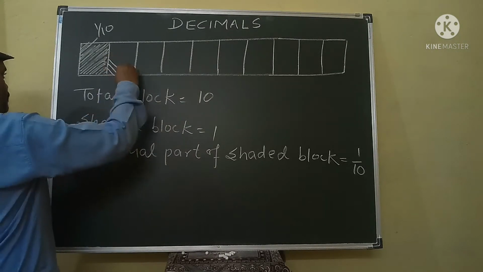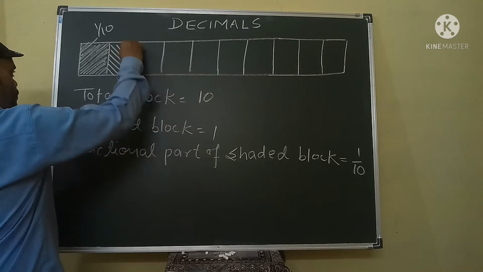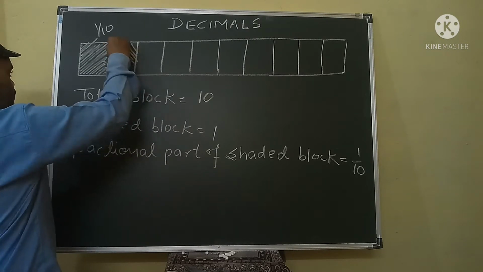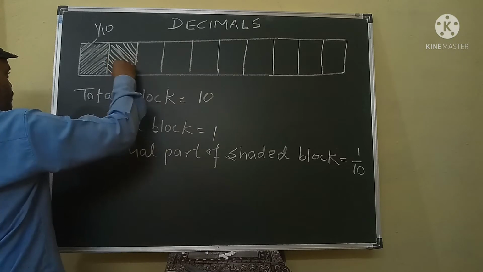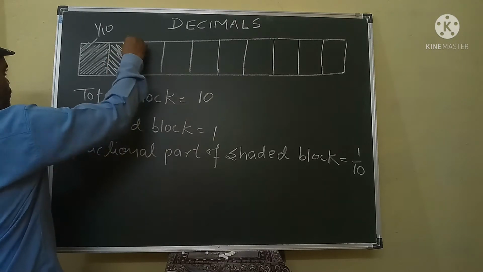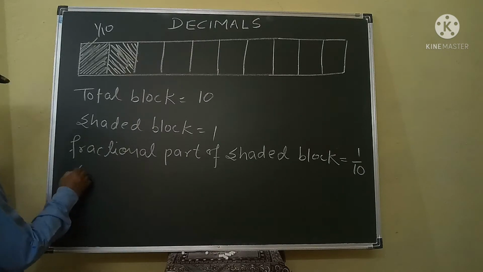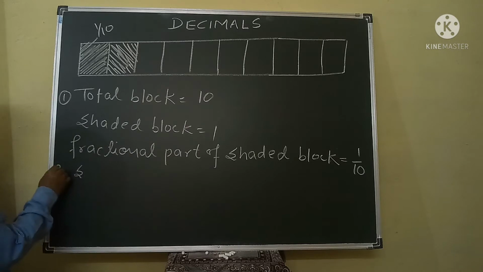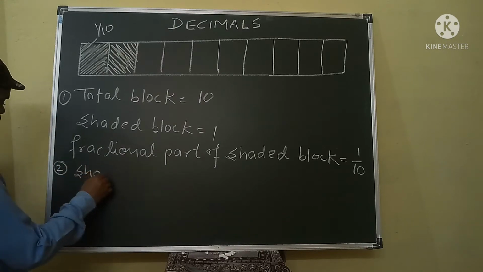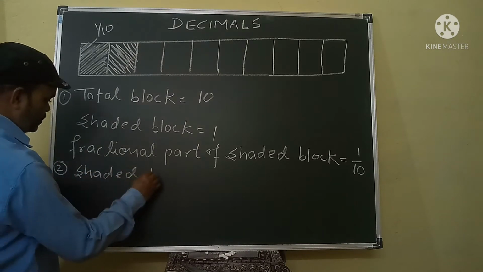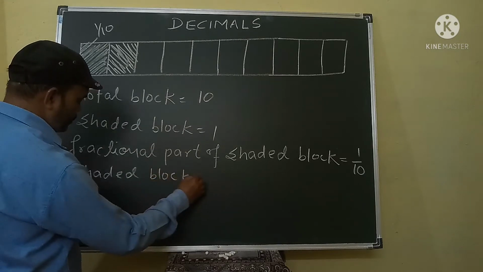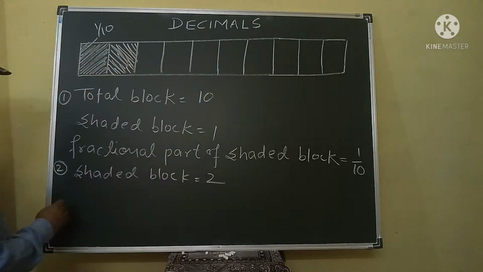That means the total number of blocks is 10, and the shaded blocks are 2.